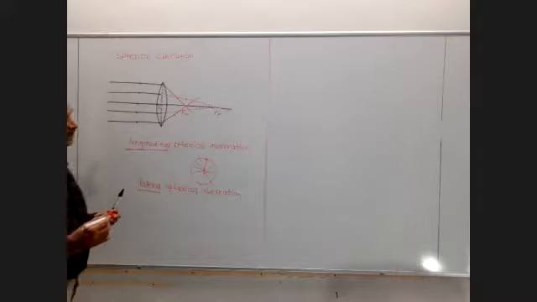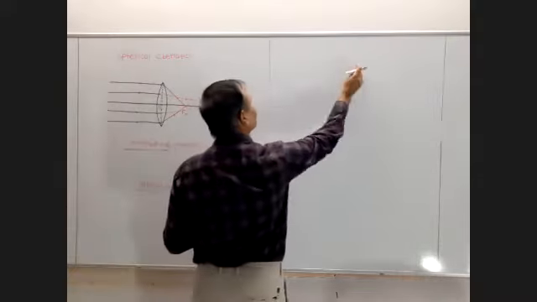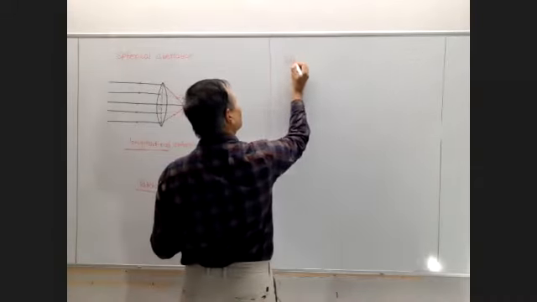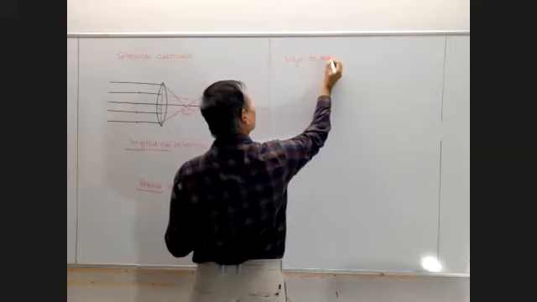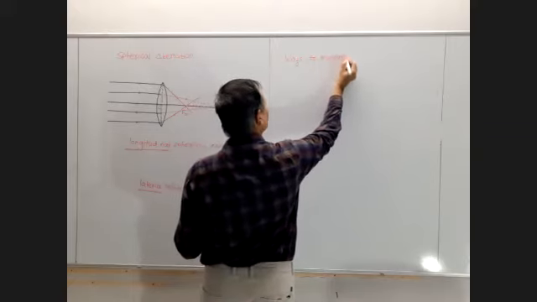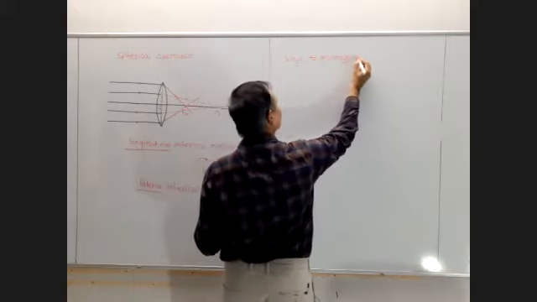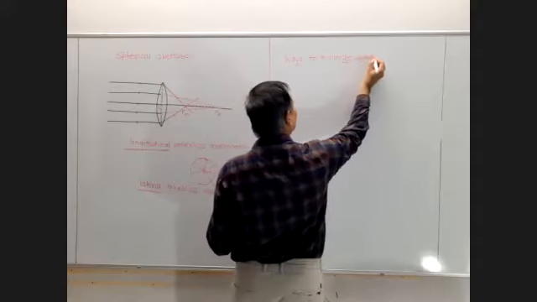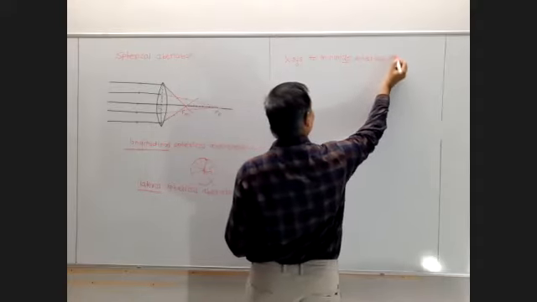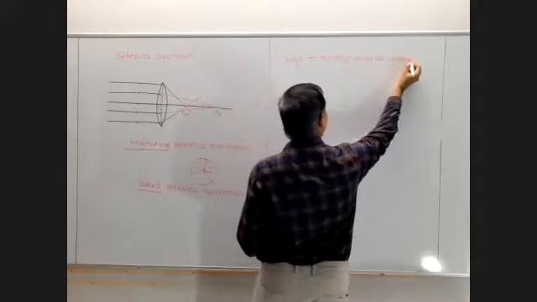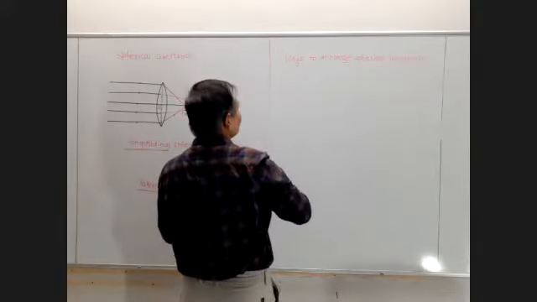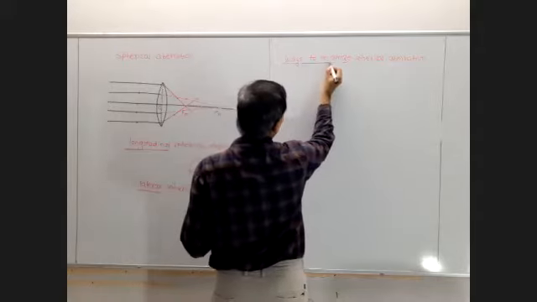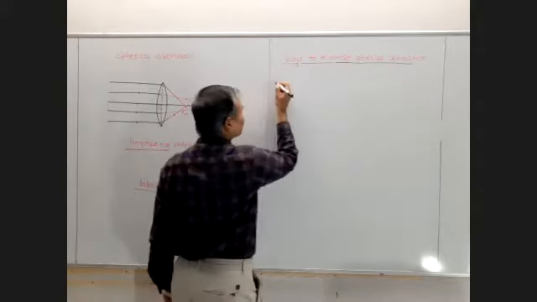Now, ways to minimize spherical aberration. So how to reduce this spherical aberration?